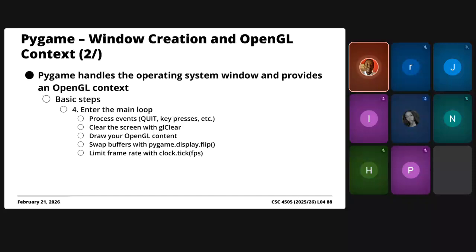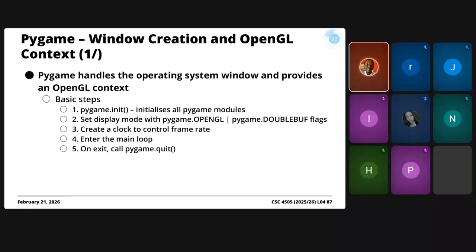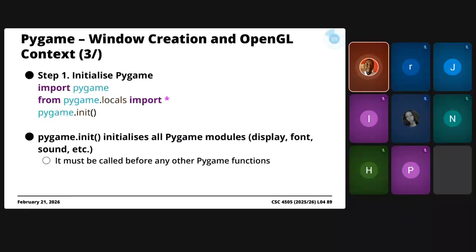Anyway, putting these things into perspective, there are 5 steps, by the way. With step 1, when we're initializing Pygame, what we have got to do is first of all import pygame.